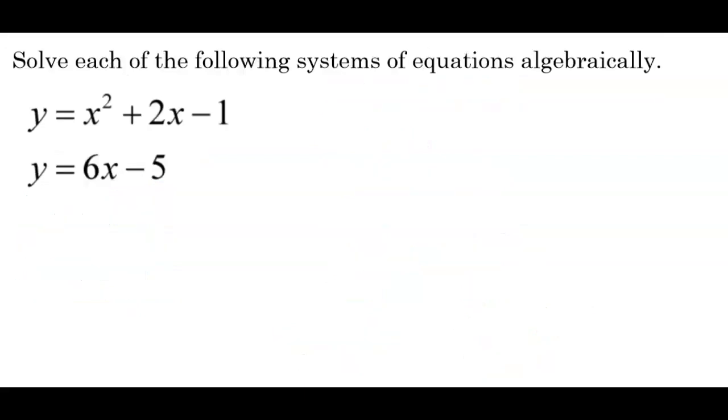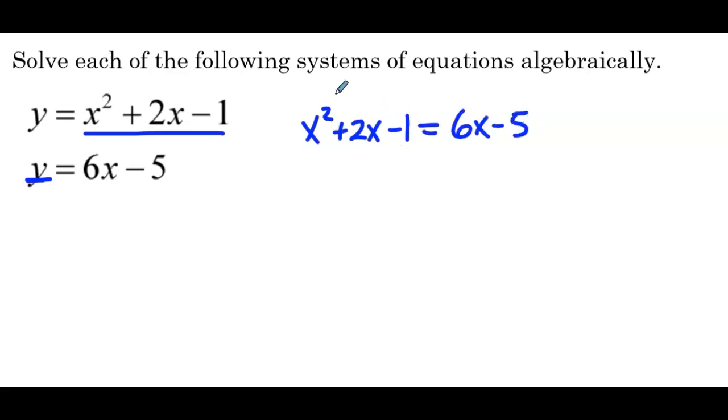On to the next, which is y equals x squared plus 2x minus 1 and y equals 6x minus 5. Again, set up for substitution. This time let's substitute x squared plus 2x minus 1 in for y in the second equation. That gives us x squared plus 2x minus 1 equals 6x minus 5. We have a quadratic equation, so it needs to be equal to 0 in order to be solved.